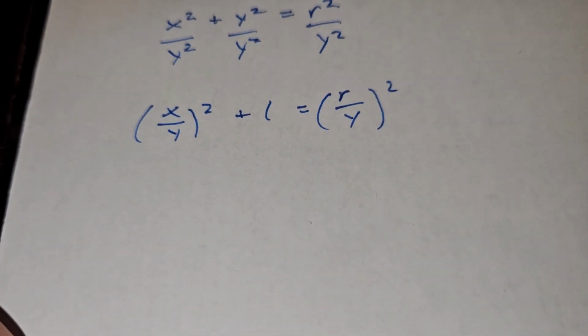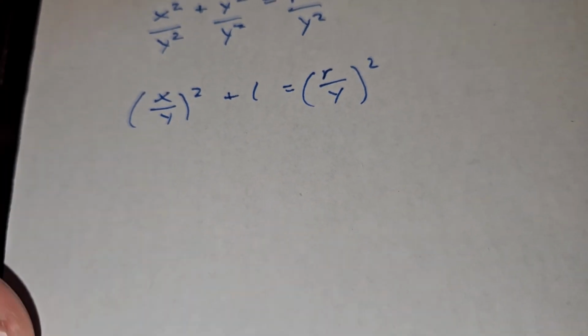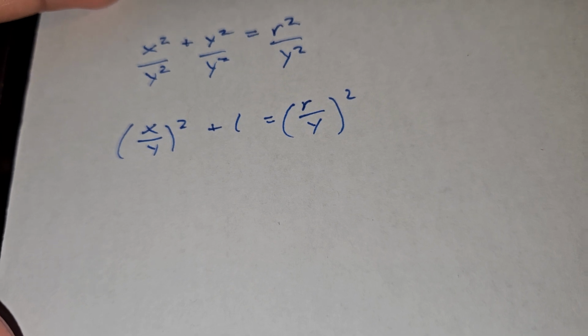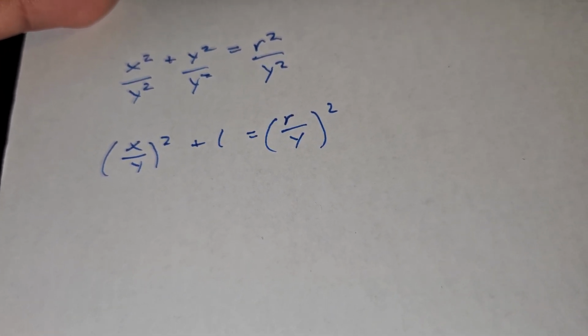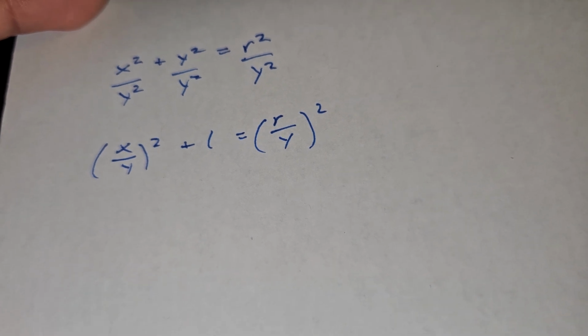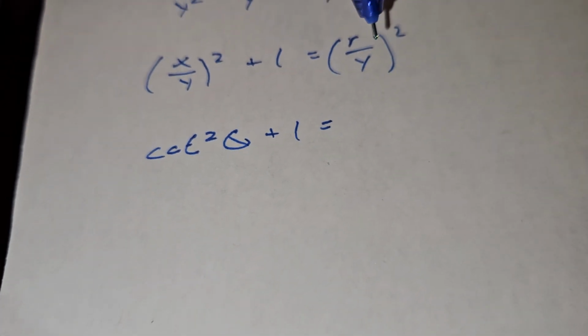So x divided by y: cosine divided by sine, which is the reciprocal of tangent, is cotangent. So cotangent squared theta plus 1 is equal to r divided by y squared.